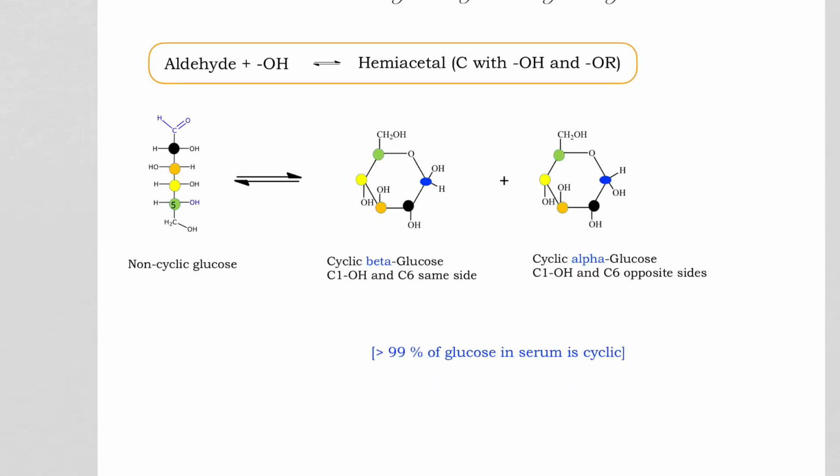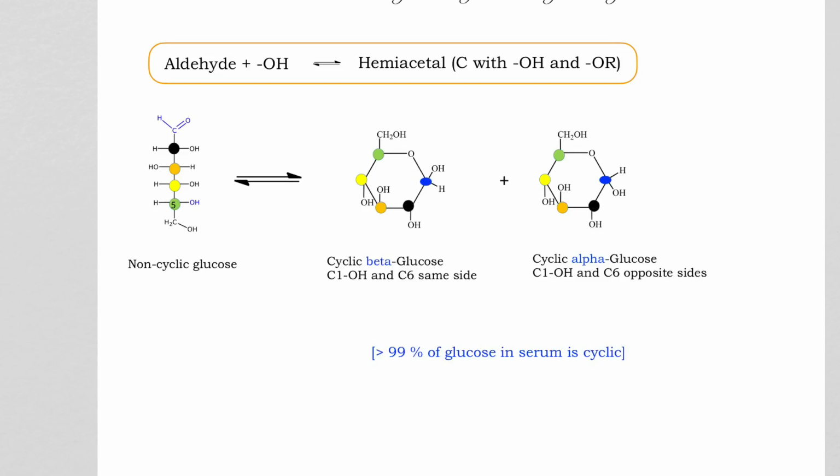Before the reaction, carbon 1 was an aldehyde carbon, but now carbon 1 has a hydroxyl group and an OR. R just means the rest of any other carbon. So now this carbon has an OH and an OR. So this is a hemiacetal carbon.